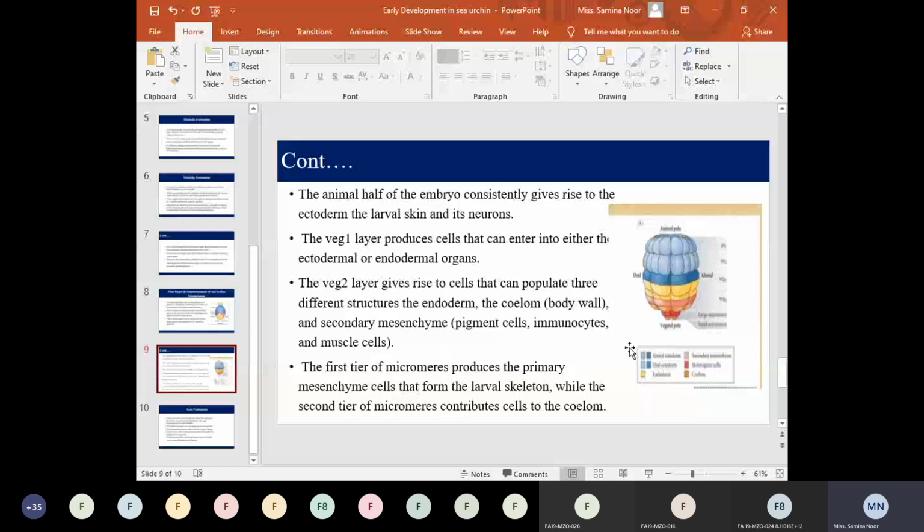Below the VG2 layer lies the first tier of the micromeres, also known as the large micromeres.